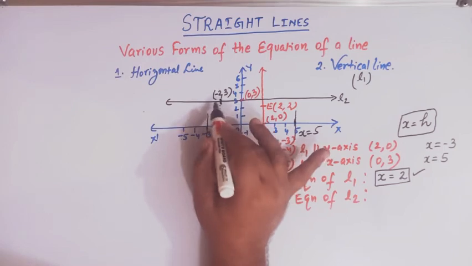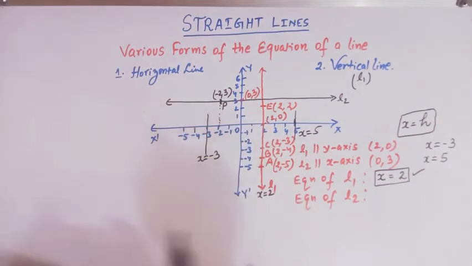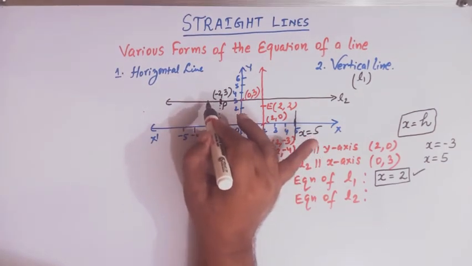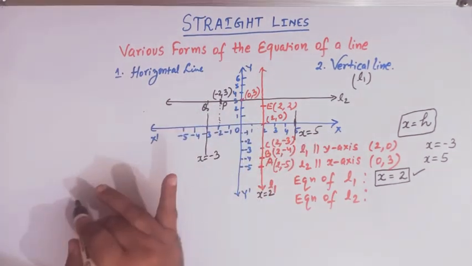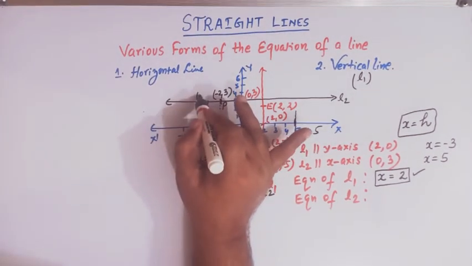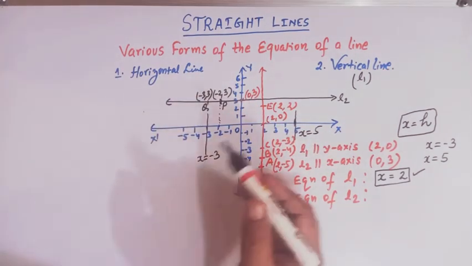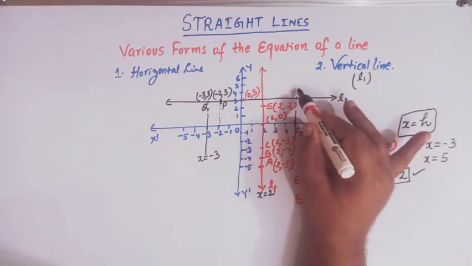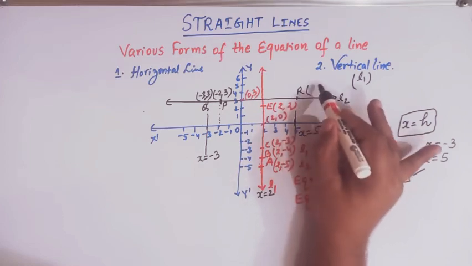Let us say this point is P, right? Okay, now let us take this point, say this point is Q, and the coordinates of this point would be minus 3, 3, right? Similarly, if we take a point, say here R, then the coordinates of this point R would be 5, 3.